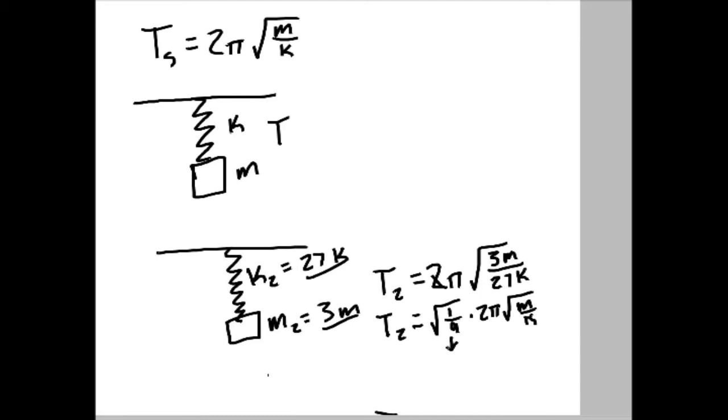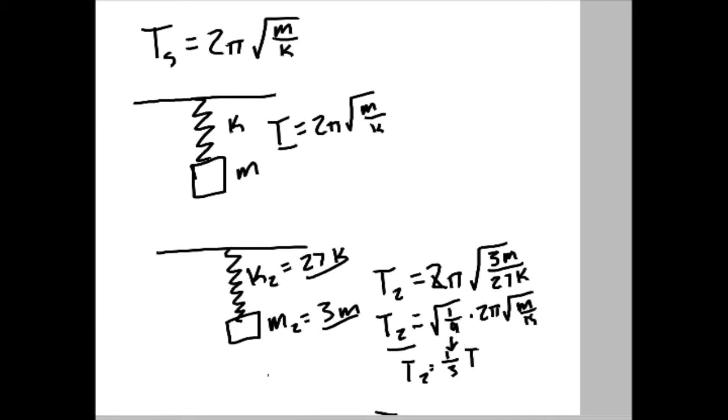Now, I've got this 1/3 term, and then I've got 2 pi times the square root of m over k. Well, this spring up here, its period is 2 pi times the square root of m over k. So I've got my T2 in terms of my original period. So T2 would be 1/3 that of my original period.